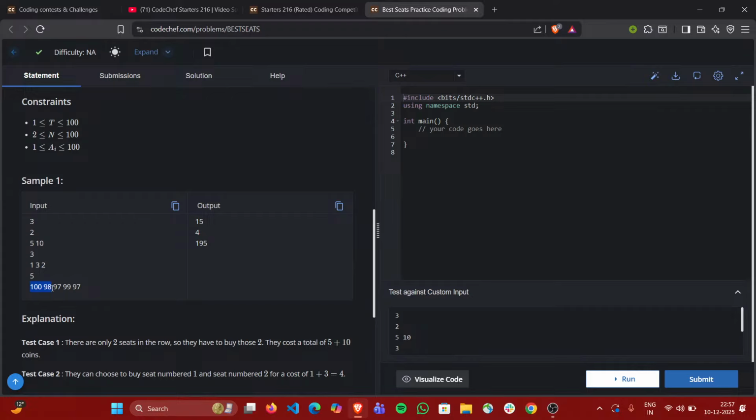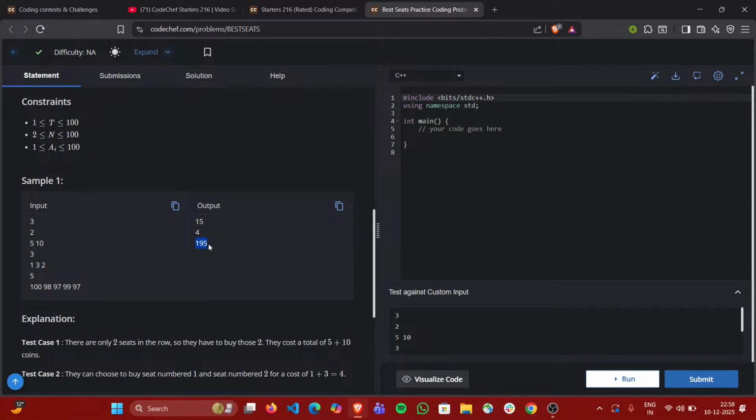It is 198. So if I purchase these two seats, the cost will be 198. If I purchase these two, then the cost will be 105. In these two, the cost will be 99 plus 97, 106. And in this also, it will be 106. So as we can see, the minimum cost was 97 plus 98, which is 195.